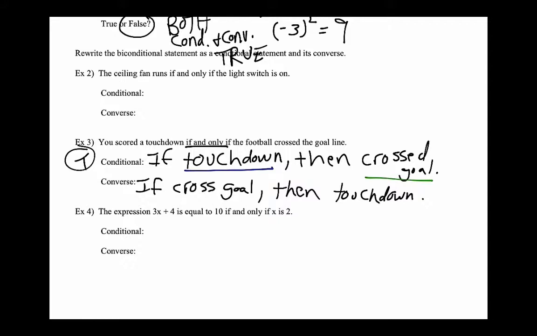Does the ball cross the goal line when you throw an incomplete pass into the stands? Well, yeah, it does, but none of those things are considered touchdowns. So the converse of this statement is actually false. So overall, the biconditional statement is also false. And again, a biconditional statement is only true if both the conditional statement and the converse are true.